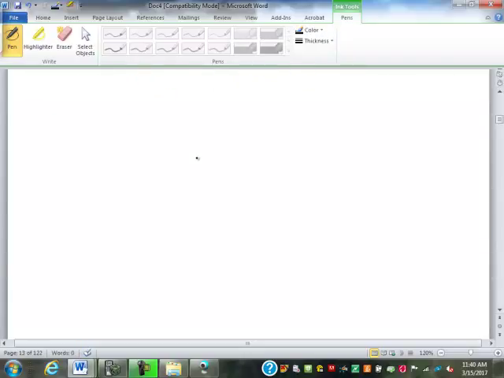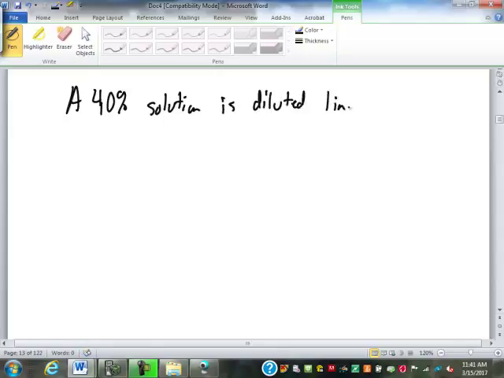One that we didn't look at is what if we have two dilutions? Let's say a 40% solution is diluted 1 in 8, and then 1 in 2.